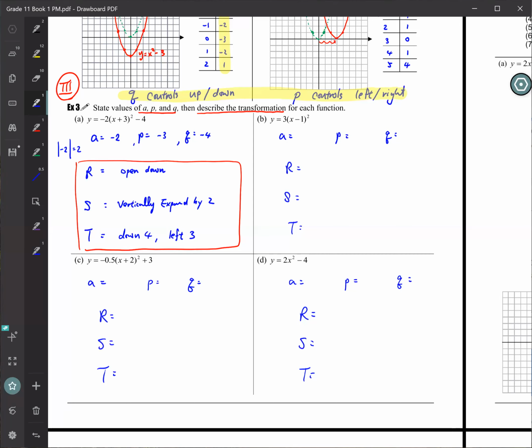Okay, for B, let's double check the APQ. 310.